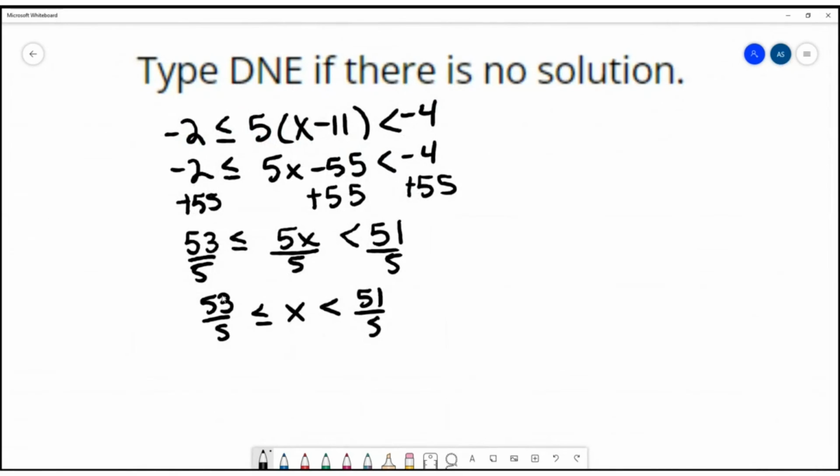Now that these are fractions, it's harder to notice, but 53 over 5 is a larger number than 51 over 5. But this inequality doesn't make sense. There are no solutions to it. And so we're going to type D and E does not exist.